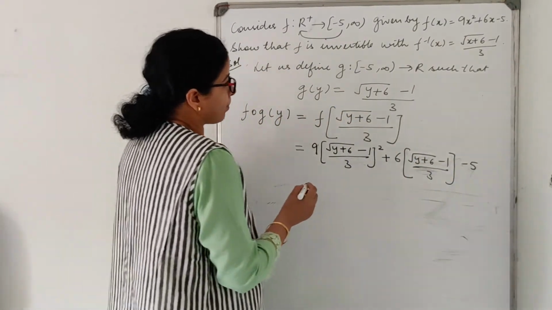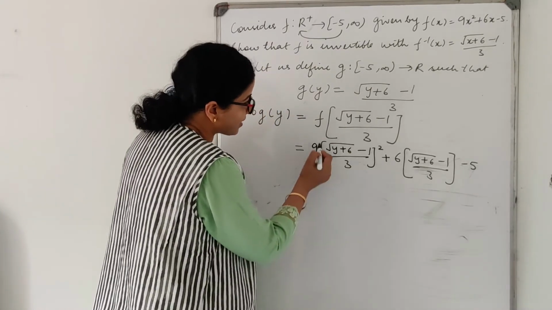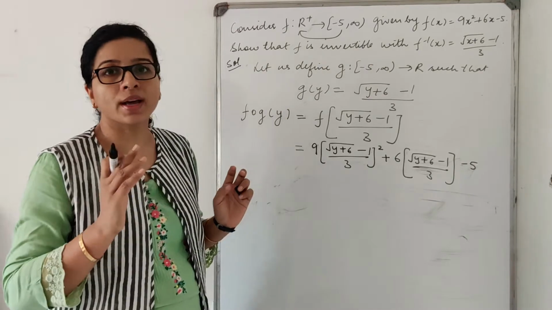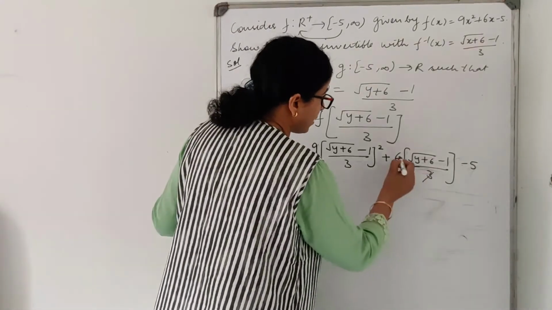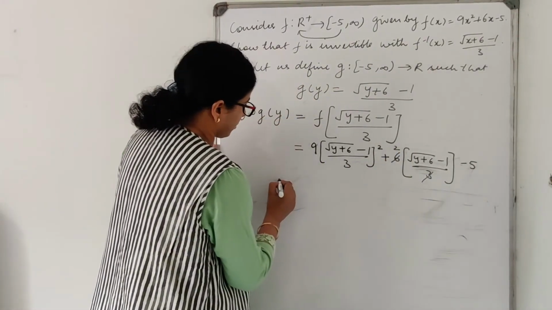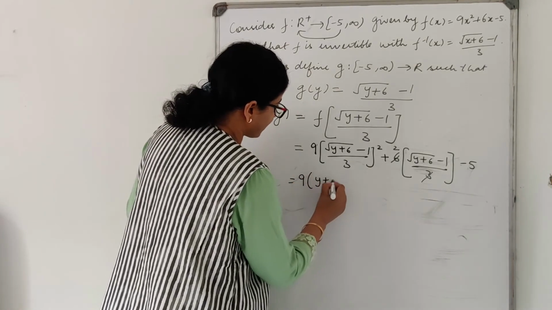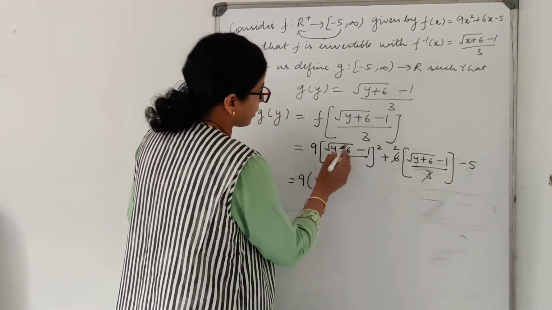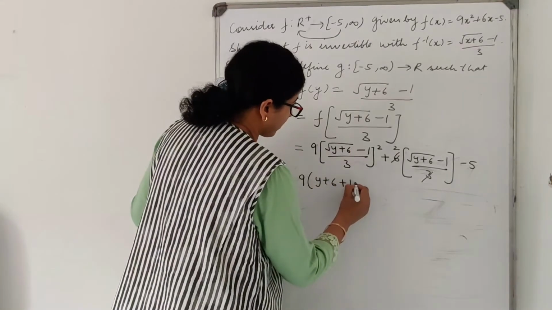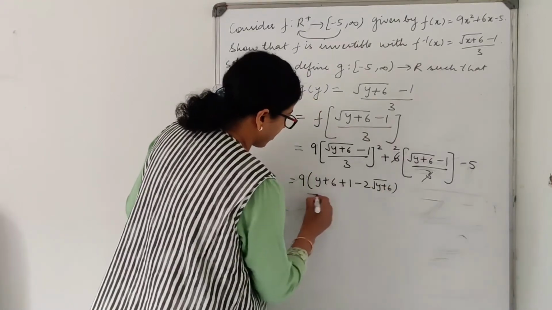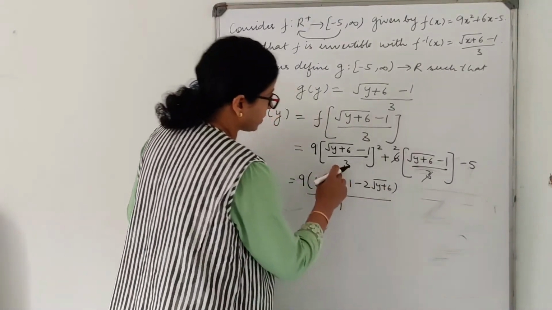Okay. Please guys, don't cancel this part and this part because the square sign is there. First you have to calculate the square and then cancel it. Here you can cancel. So now 9 times, I am squaring this, so the under root will go off: (y + 6) + 1 − 2√(y+6), upon 9. 3 square is 9.